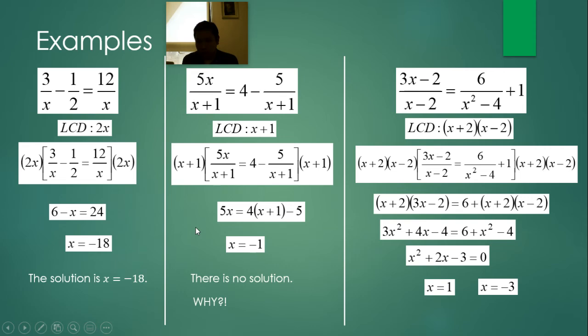So again, if you remember our topic, we still consider the restrictions for specific function types. For fractions, we cannot have a denominator of 0. So if one of the values that we get after solving the equation turns out to be a restricted value, then you cannot consider it as part of the solution. That's going to be very important for rational functions, as you'll see later on.